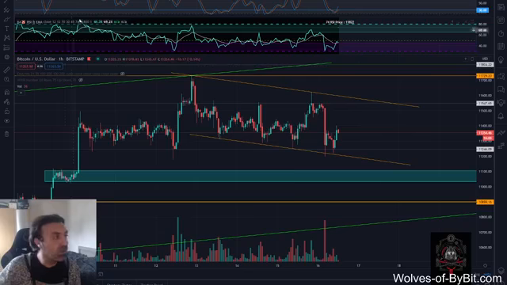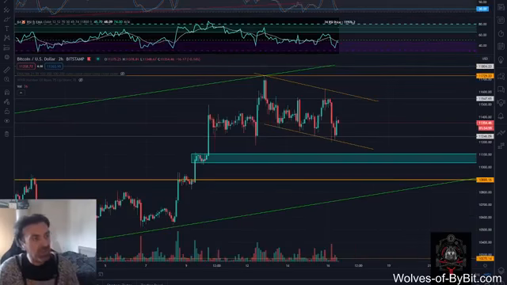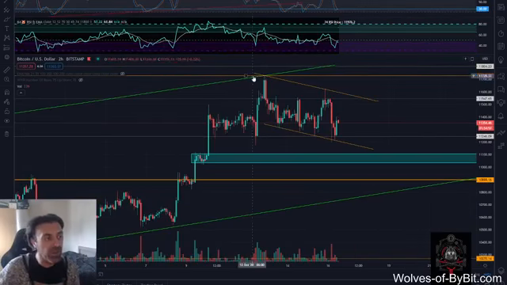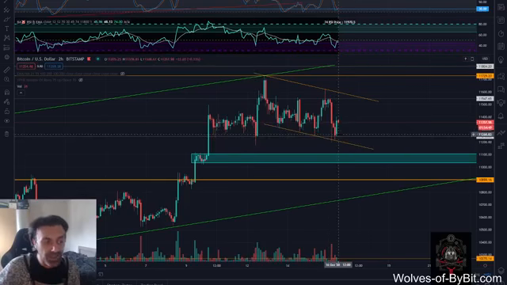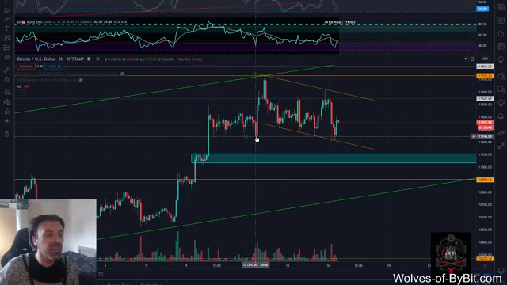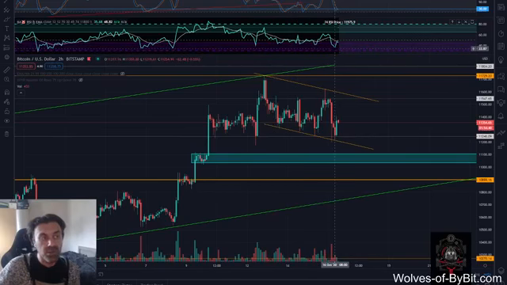Now, of course, we want to go up in the higher time frames and see whether the higher time frames give us a similar read. Here on this low, first thing we notice is that it's a little bit higher than this low, while the low on the RSI here, this low compared to this one, is quite some lower.